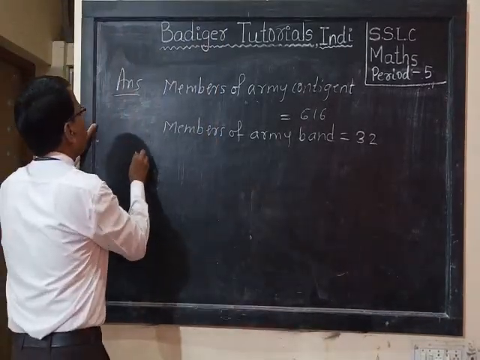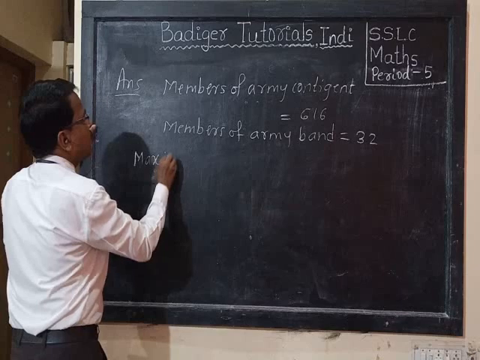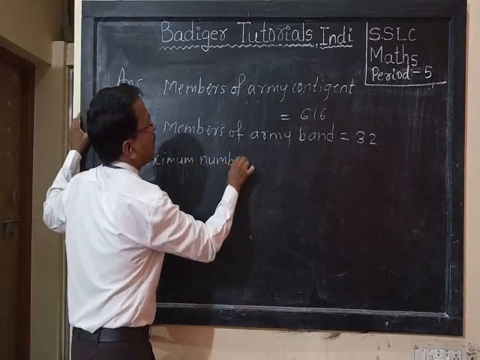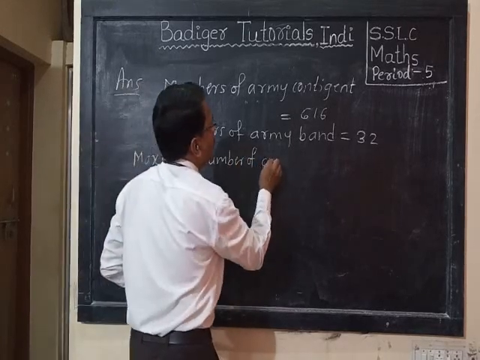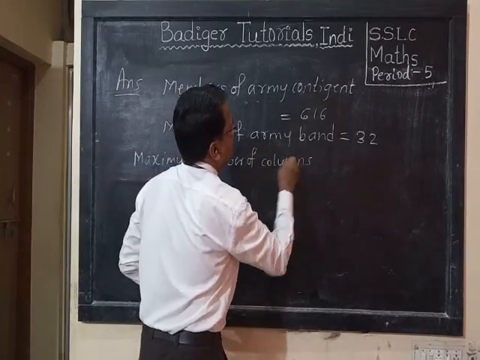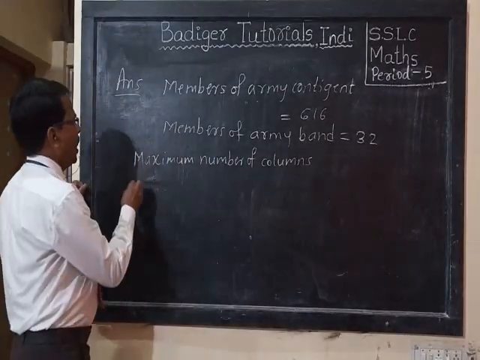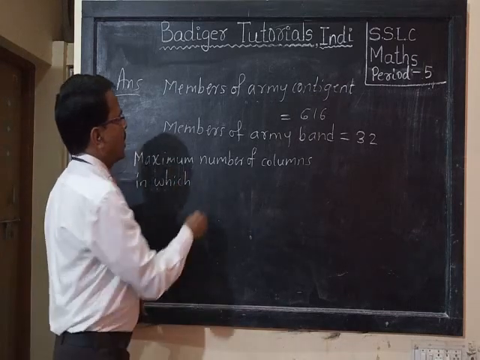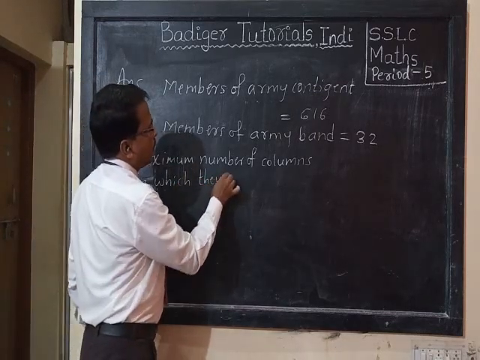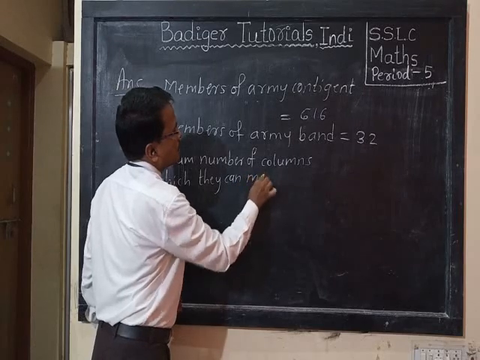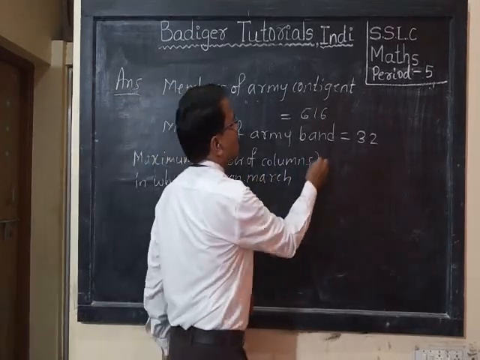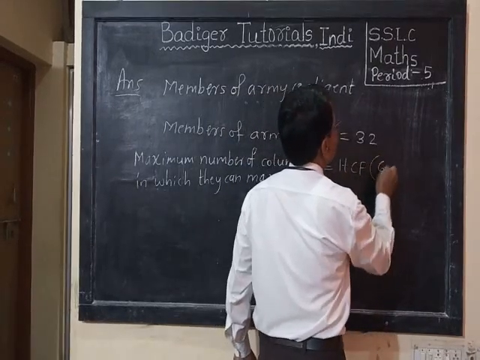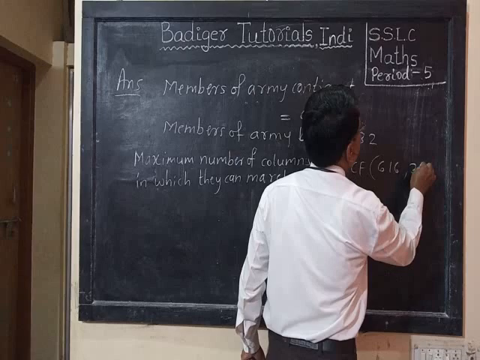Maximum number of columns in which they can march is nothing but the HCF of 616 and 32.